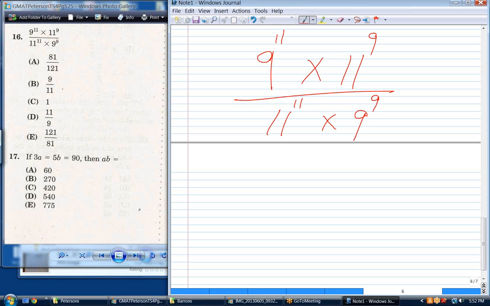That's the first assumption you want to make. Well, are there shortcuts? What's one shortcut here?